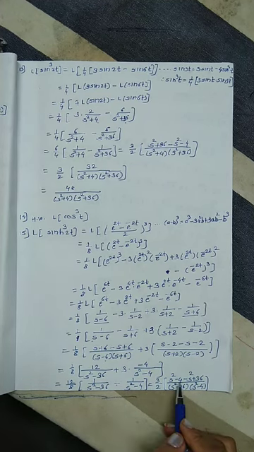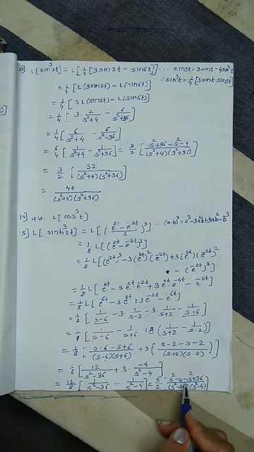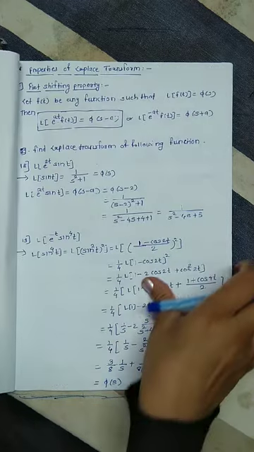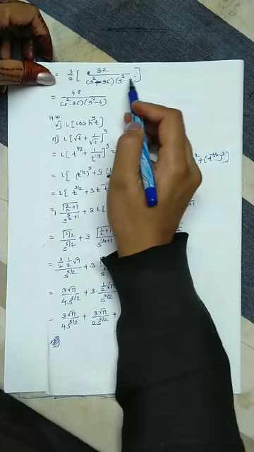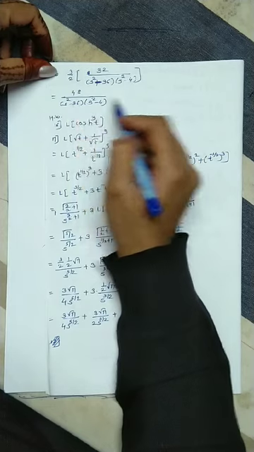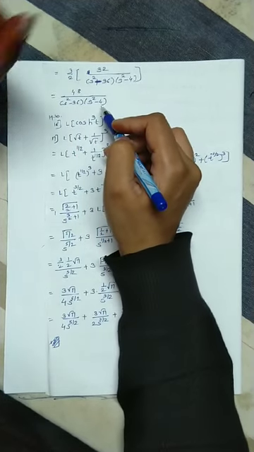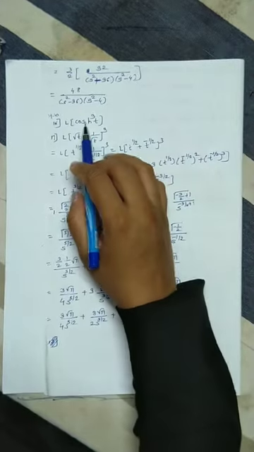We get s square minus 4 minus s square plus 36, divided by the multiplication of these two terms. s square gets cancelled, 36 minus 4 is 32. Outside 3 by 2 as it is, and simplifying we get 48 upon (s square minus 36)(s square minus 4). This is one homework: cos hyperbolic qt, like this.